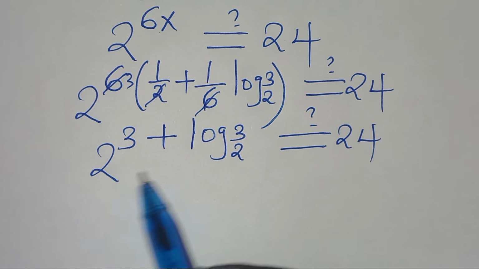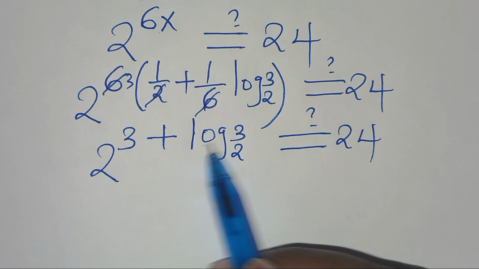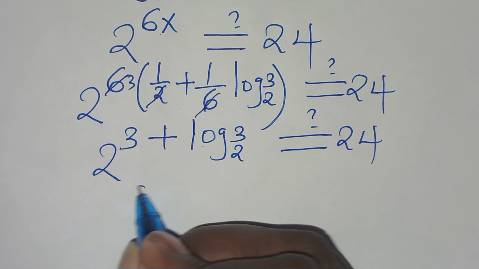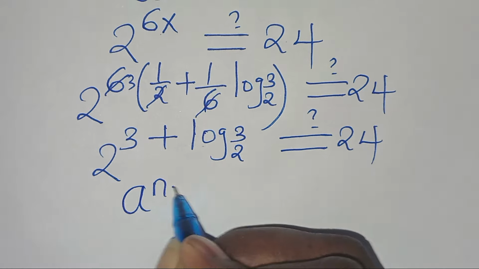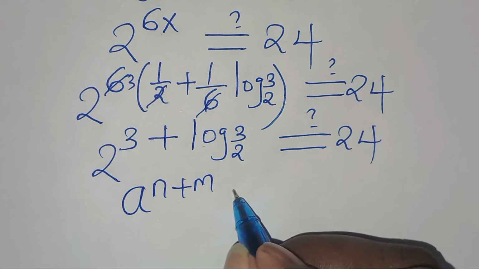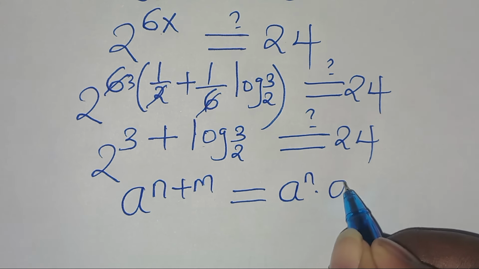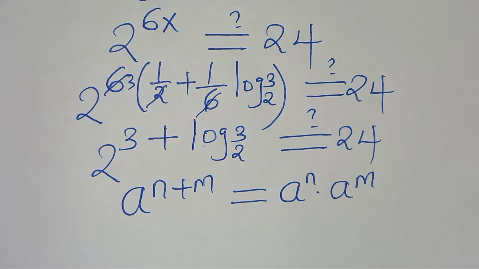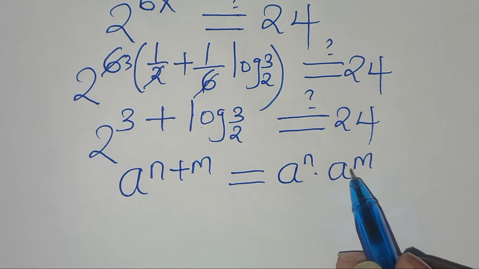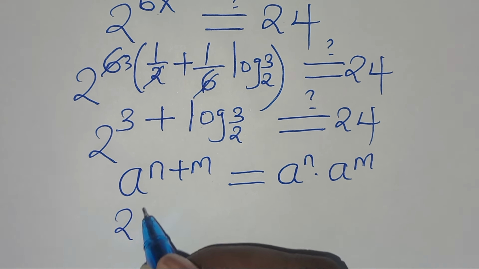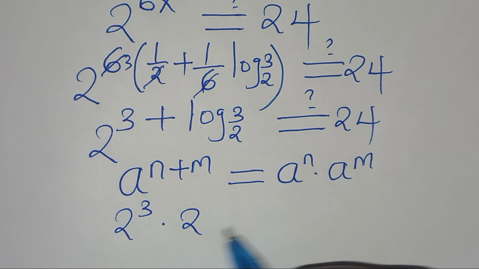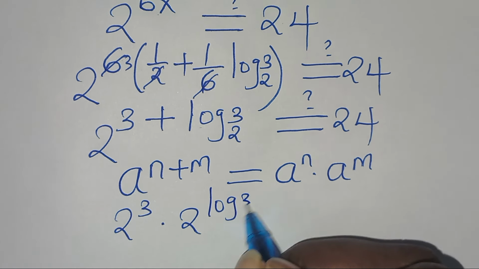Now the next step is that 2 to the power of 3 plus log 3 to base 2. This is in the form of a to the power of n plus m, which we can express as a to the power of n multiplied by a to the power of m. Applying this exponent property, then here we have 2 to the power of 3 times 2 to the power of log 3 to base 2.